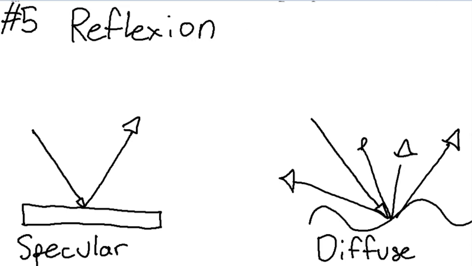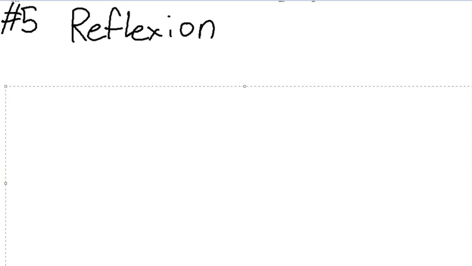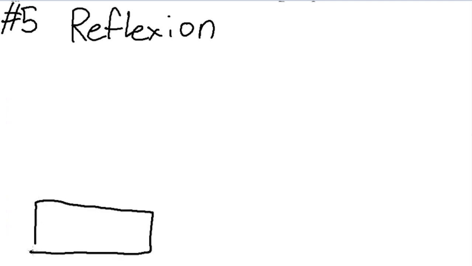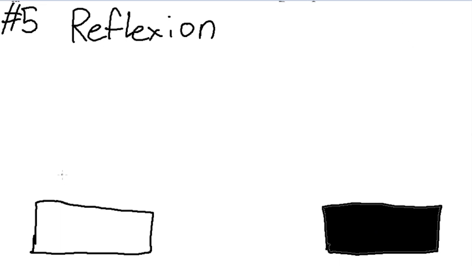Also, this is not all. I also have to specify that it also depends on the color of the object. So to the left we have a white object, and to the right we have a black object. So what happens when light touches a white object? A little amount of light gets absorbed, and then the rest of the light rays get reflected, right?